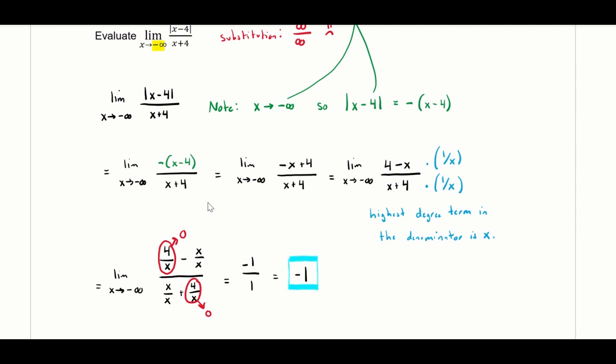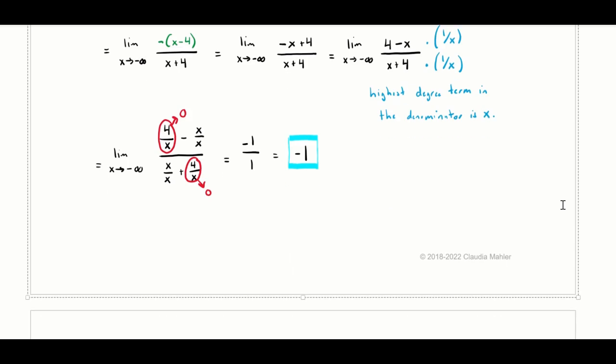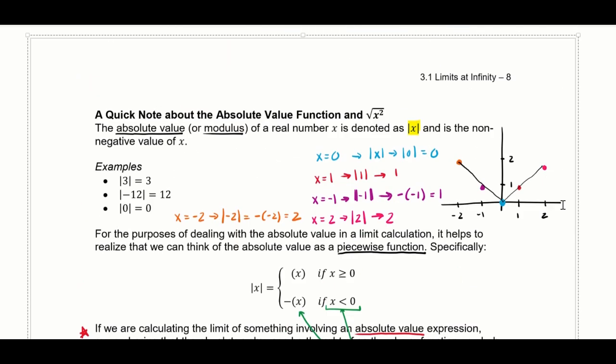And if you want to graph that function, go ahead and do it in something like Desmos and see if you can verify visually that that should be the limit as x goes to negative infinity. Now this absolute value function can also be helpful when, like I mentioned, we end up with something like this in our expression.